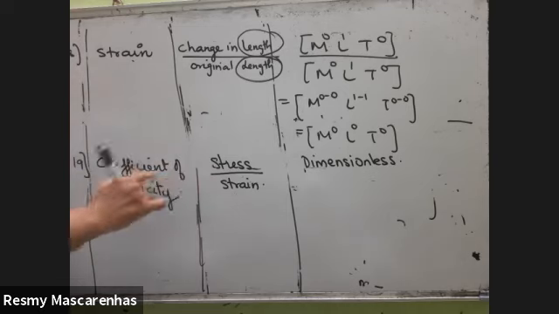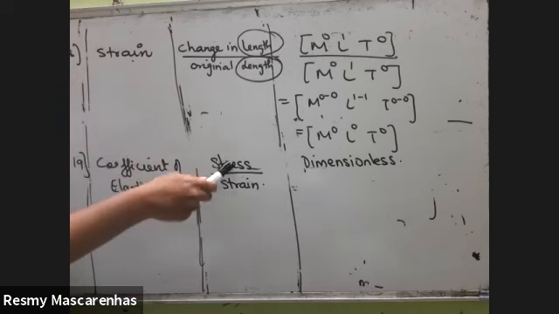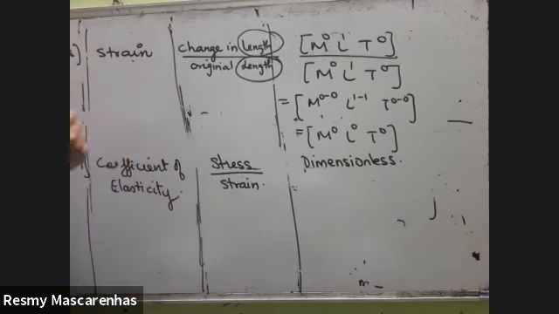So basically just remember coefficient of elasticity is stress upon strain, then put the dimensions of stress, and the dimensions of strain. Even if you don't put it, it is okay because you know that it doesn't have dimensions.